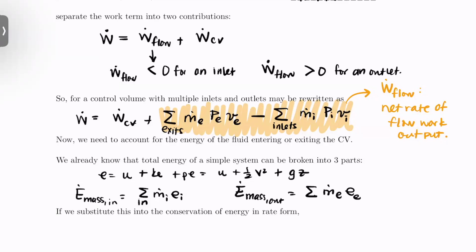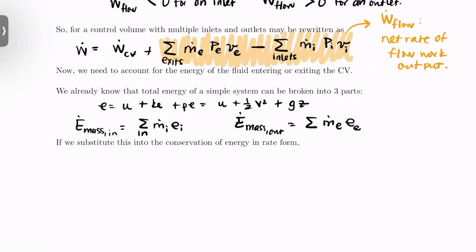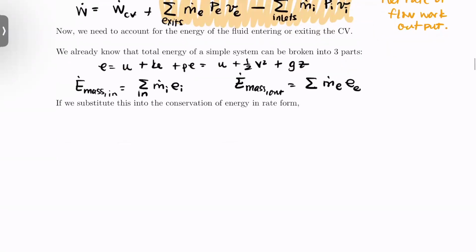Now we're going to substitute this into our conservation of energy in the rate form. This is what we started from: dE dt is equal to Q dot minus W dot plus E dot mass in minus E dot mass out.